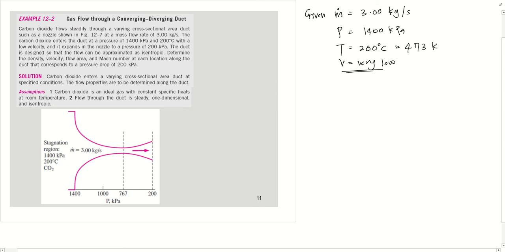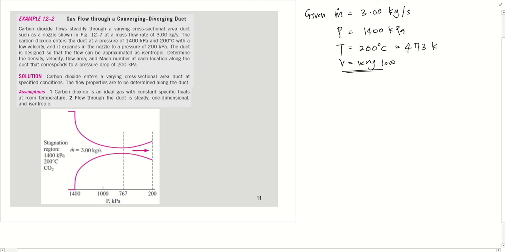It expands in the nozzle to a pressure of 200 kilopascal. So from 1400 kilopascal, it expands down to 200 kilopascal. The duct is designed so that the flow can be approximated as isentropic. Isentropic is very important, so no friction is considered.